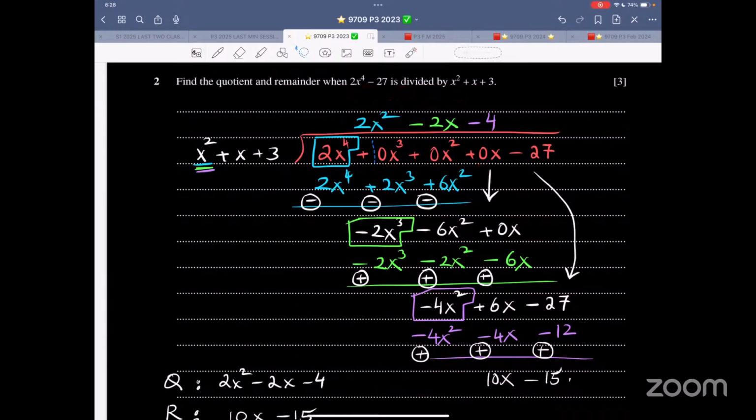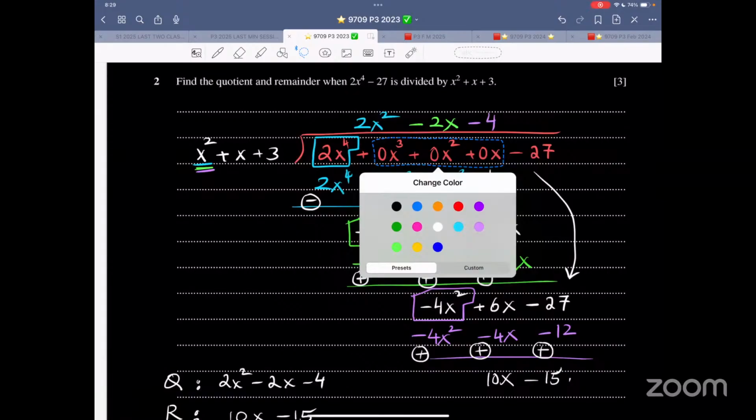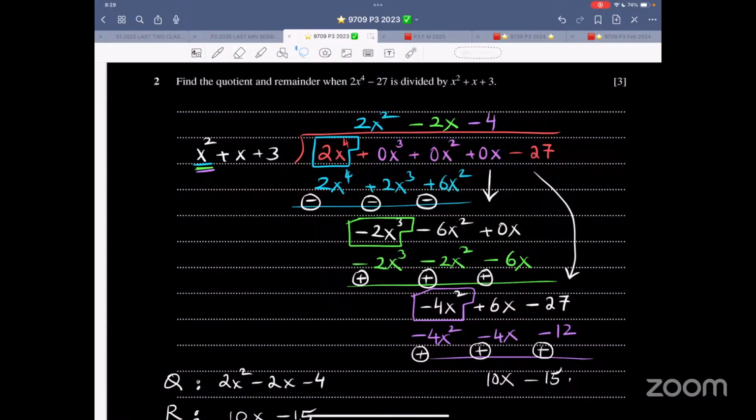So let me just focus on these 3 like this. And let me change the color. I wrote them with 0 coefficient so that everything falls into place. 2x squared with each one of them, that is this, this, and this. Change the sign and add, you get these two, you pull this down. Even though it's a 0, pull it down.